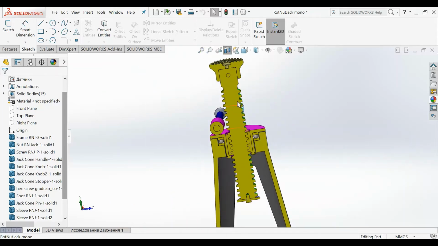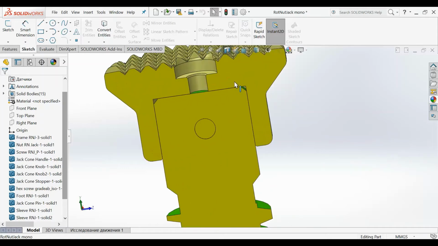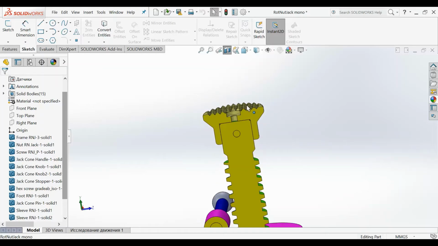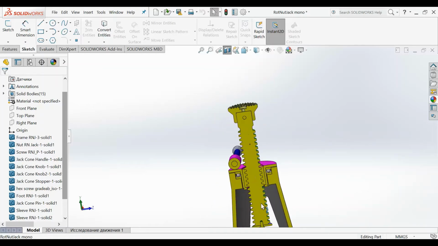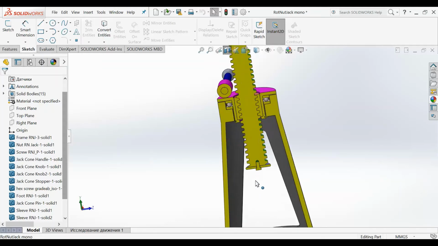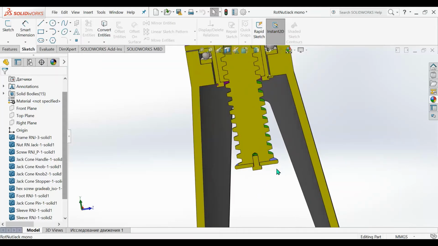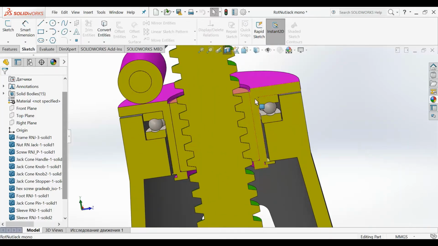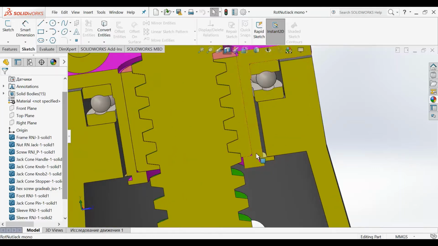and the screw moves up or down without motion here. So we have contact between the cap and the screw, and we don't have motion here, the same as in the previous variant. You see the stopper, and to avoid disassembly of the sleeve from the frame, we should use a spring washer.